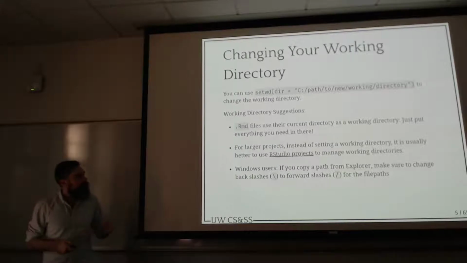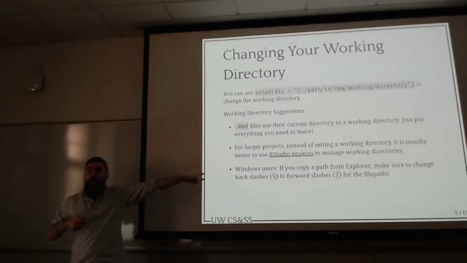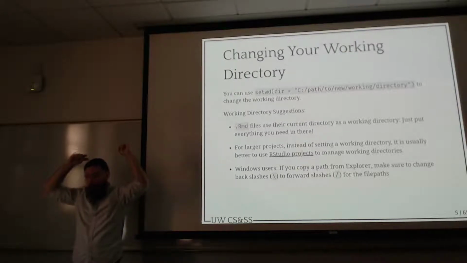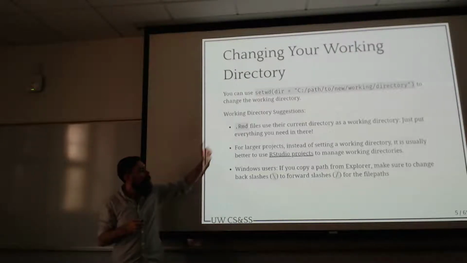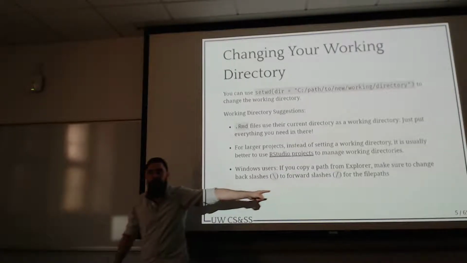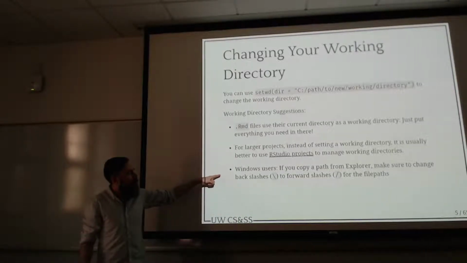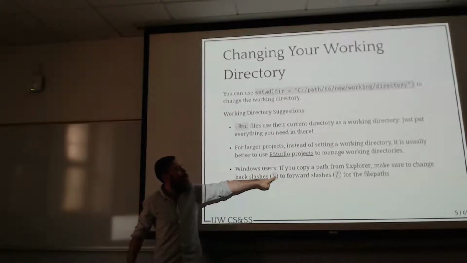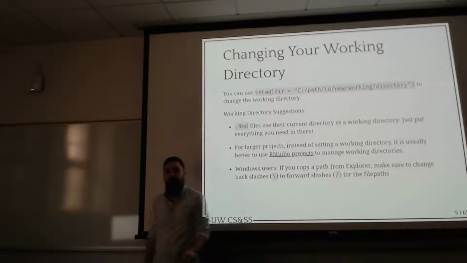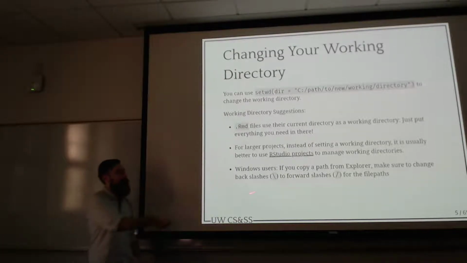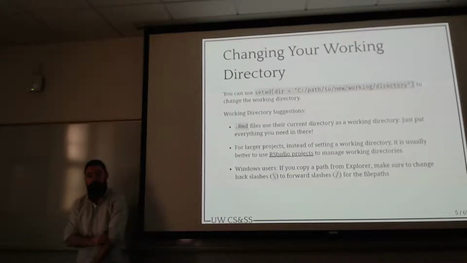A quick note, if you are a Windows user, if you copy a path from the top of your Explorer window in Windows and you put it into R, you have to convert the backslashes to forward slashes for file paths, because Windows is the only remaining system that uses backslashes instead of forward slashes for directories.